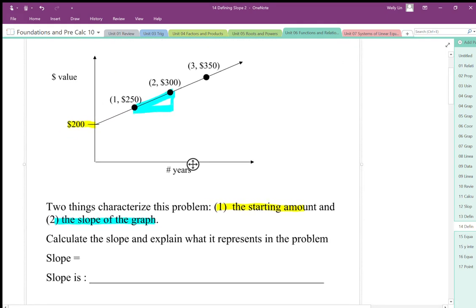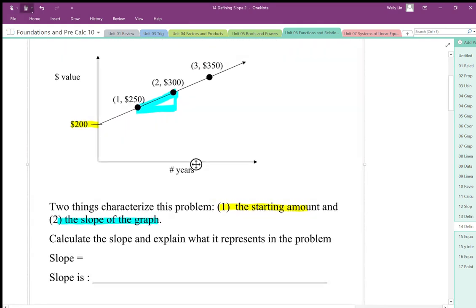So we can calculate the slope, and in this case, when we calculate the slope, our rise is going to be $50. Okay, our run, or the change in x, is going to be plus 1 year. So the slope then represents a $50 per year increase.